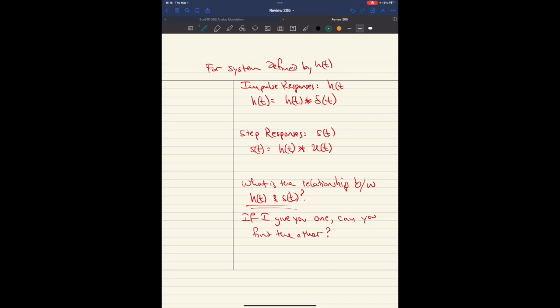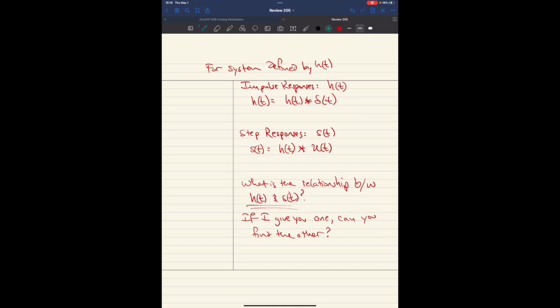Now, for a system defined by an impulse response, if I can get this out from some other function along the way, then I'm good to go. I know every single output that I'm going to get for every single input. Now, the step function and the step response are closely related.